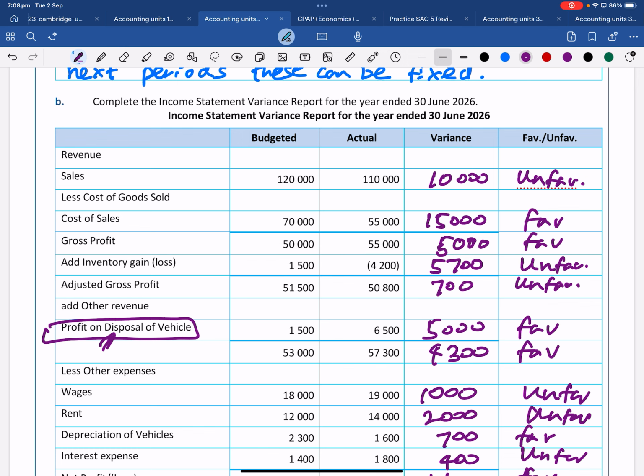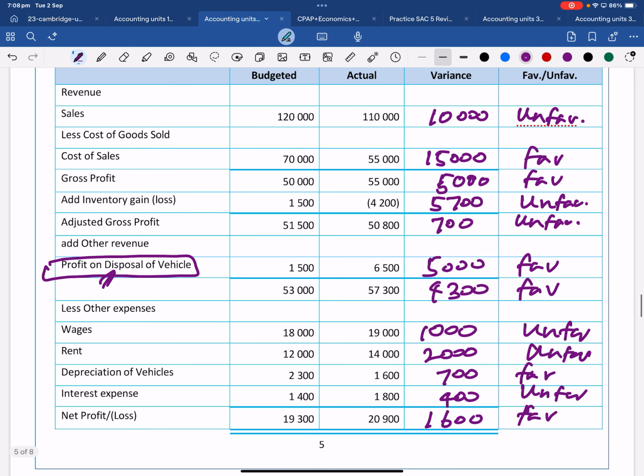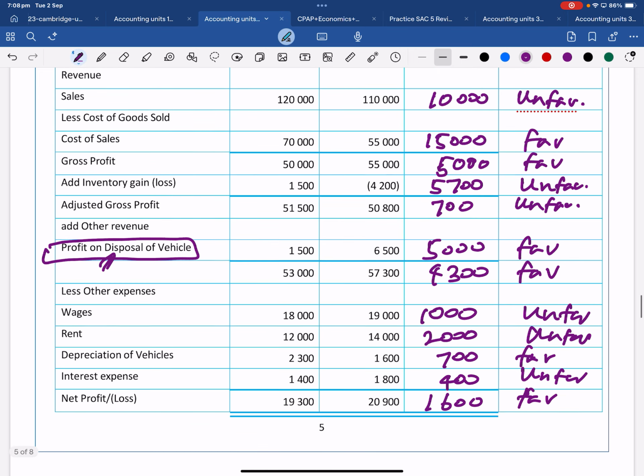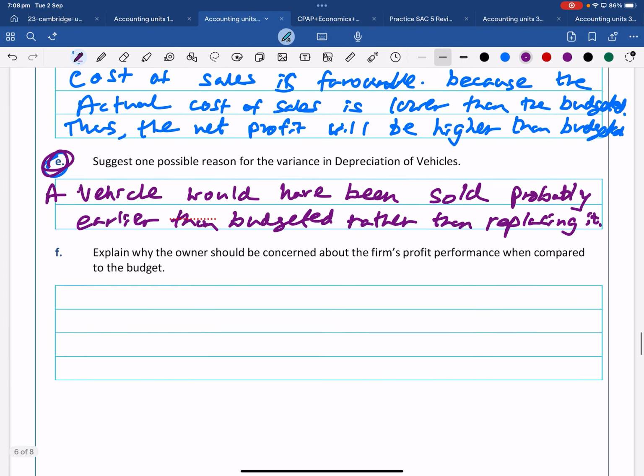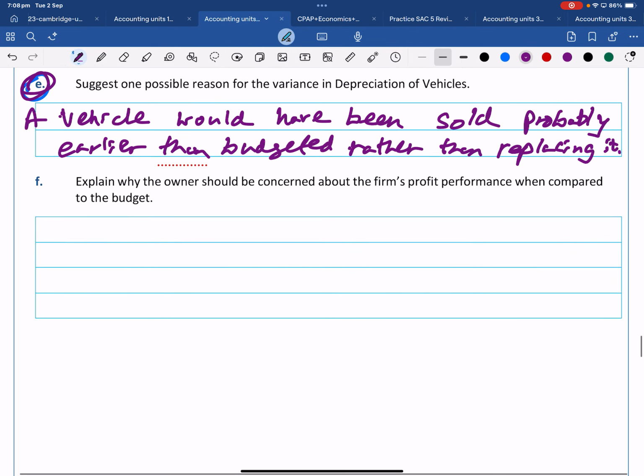Interest expense, what happened? Interest expense also has increased. Probably they might have got a loan, right? Probably. Yeah, good. However, the cost of sales is good, right?